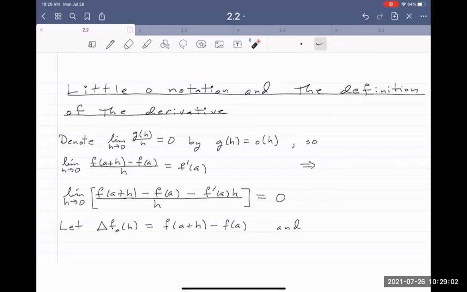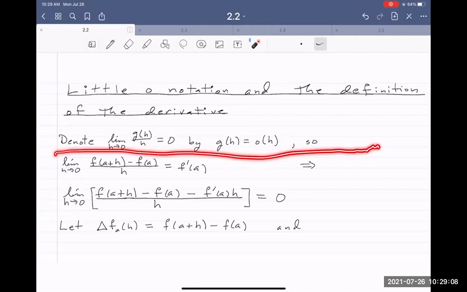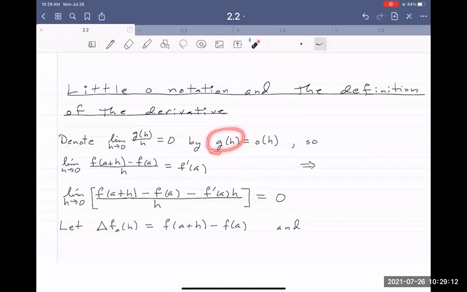So, let's denote the limit as h approaches 0 of g of h over h equaling 0 by the fact that g of h is little o of h. So if g is little o of h, then this means that this limit of g over h goes to 0 as h approaches 0.